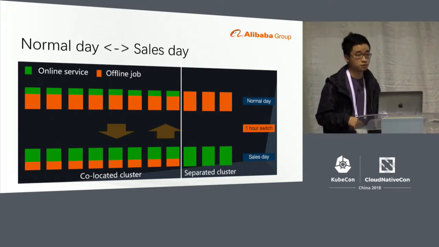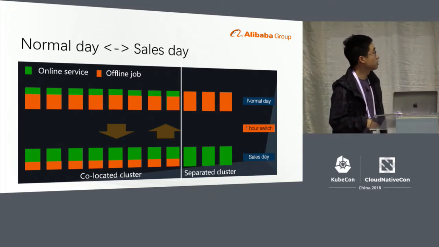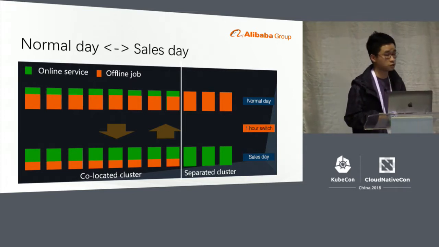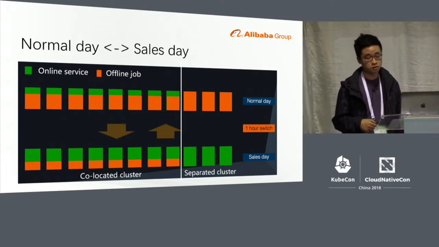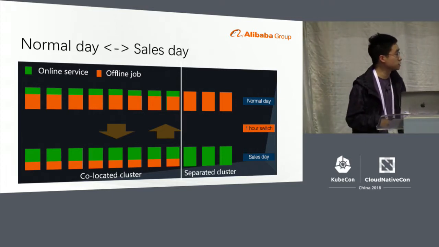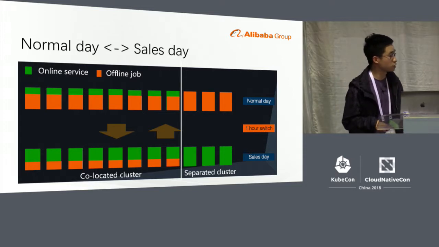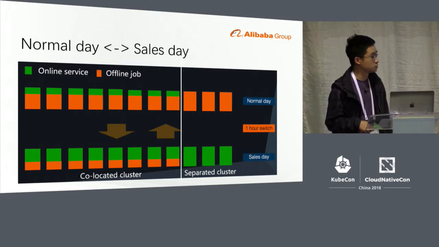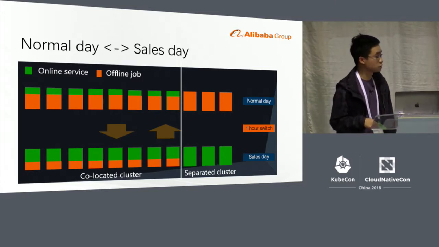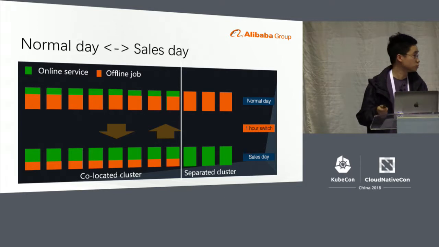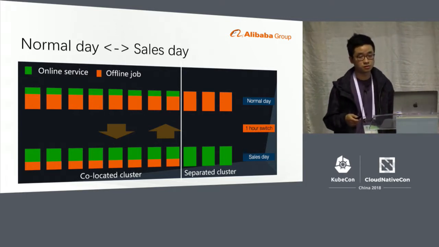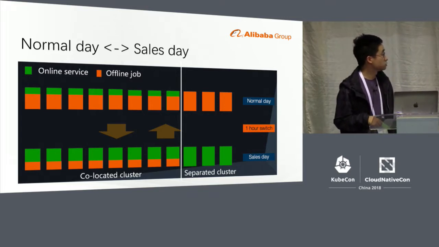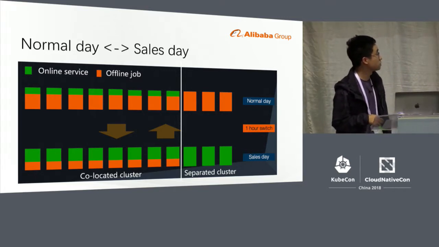For Alibaba, we also have this unique scenario, the promotion day and normal day. For example, like Double 11 in the past, we had separate clusters. We needed to buy lots of machines to meet the demands of the data and traffic during the promotion day. But after that, they would very likely not be used anymore, which is a waste of resources.